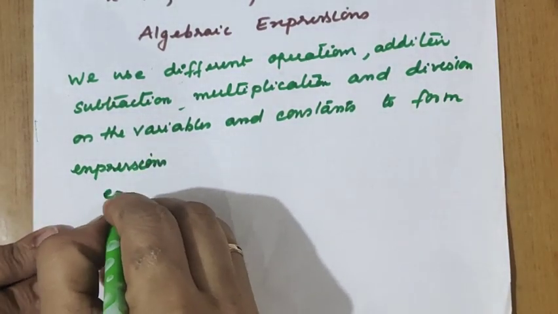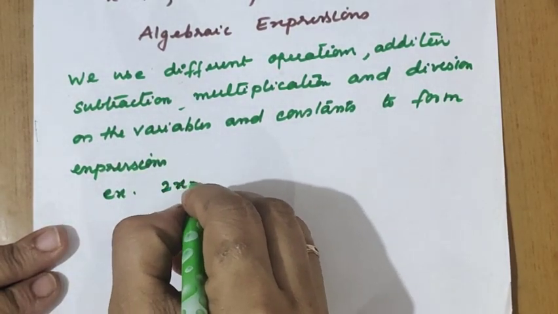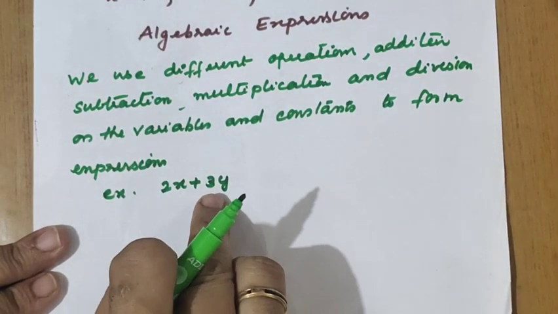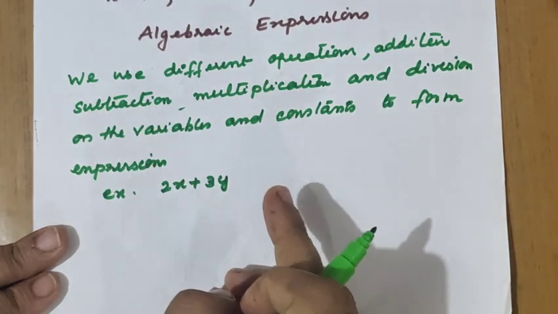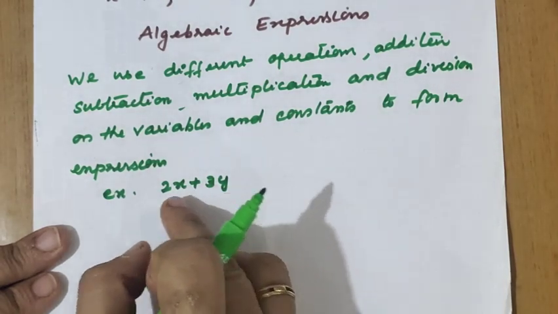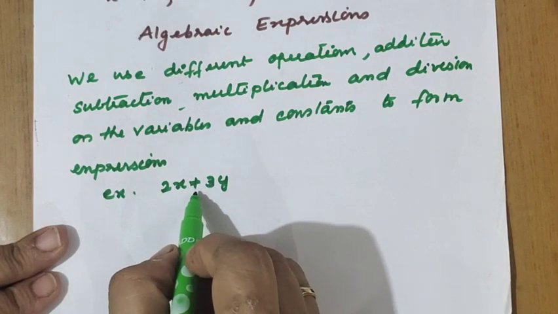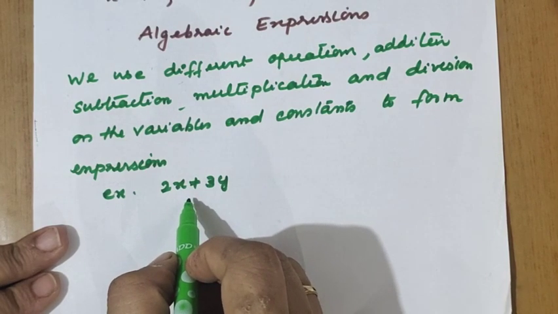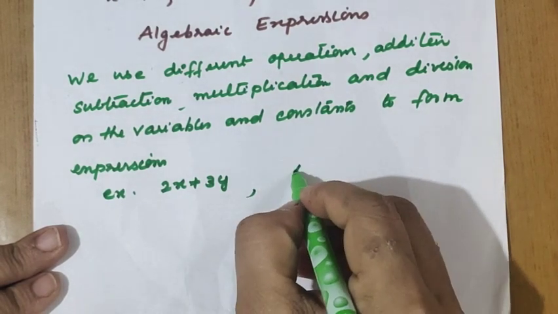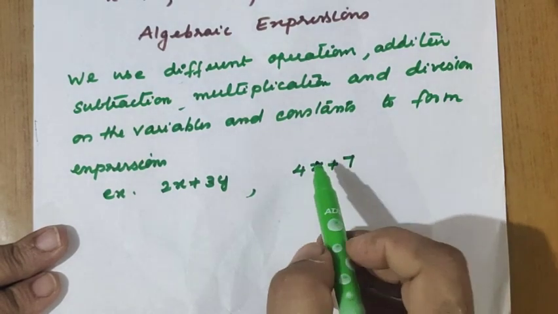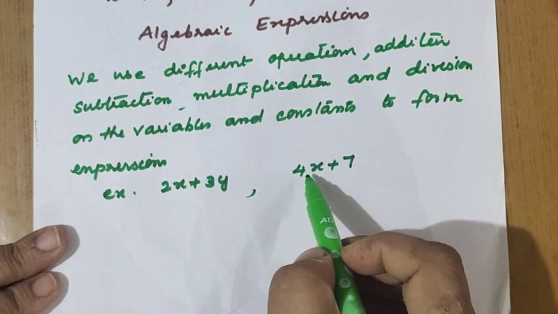For example, I'll write 2x plus 3y. So what is this one? Variables are there, x is there, y is there. And the numbers are there, that is 2 and 3, which we call constants, and they are connected with the operation, which one? Addition. Another example, 4x plus 7. What is the meaning of this one? 7 is added to 4x, right?